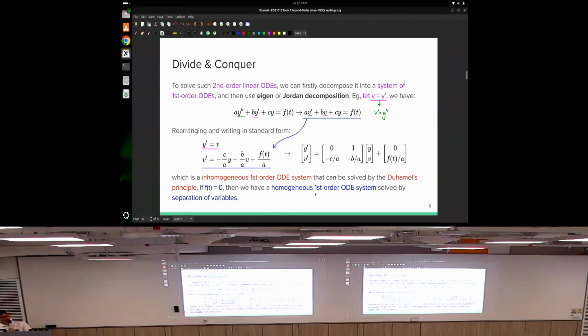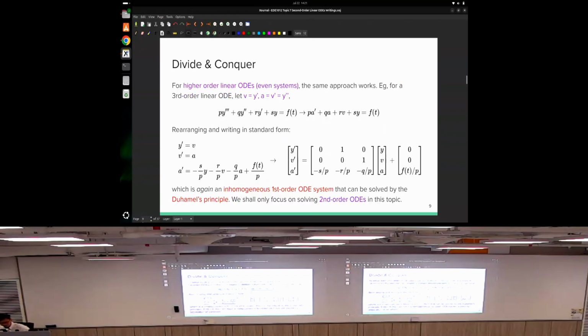And this approach extends readily to all higher order systems. If you have a third order, let's say p y triple prime plus q y double prime plus r y prime plus s y equals f of t, you can see this is third order. Then what you do is let v be y prime, and let a be v prime, which is also y double prime. You just keep on letting variables be higher order derivatives so that you can convert the highest derivative into a single prime only.